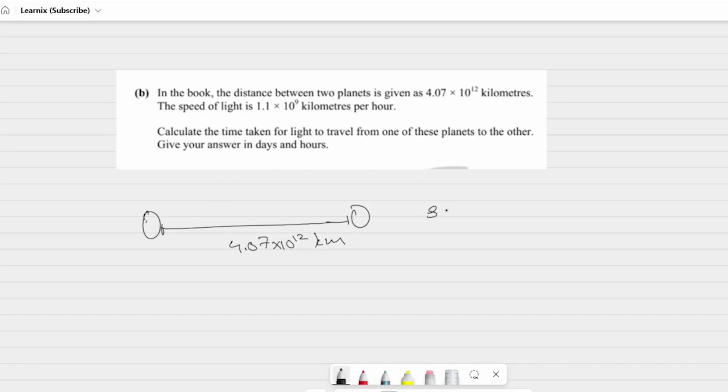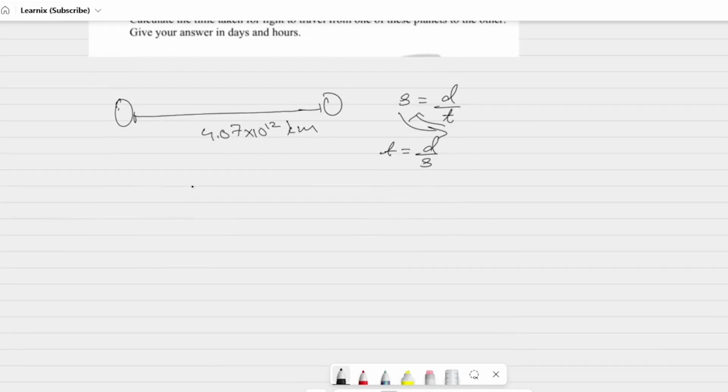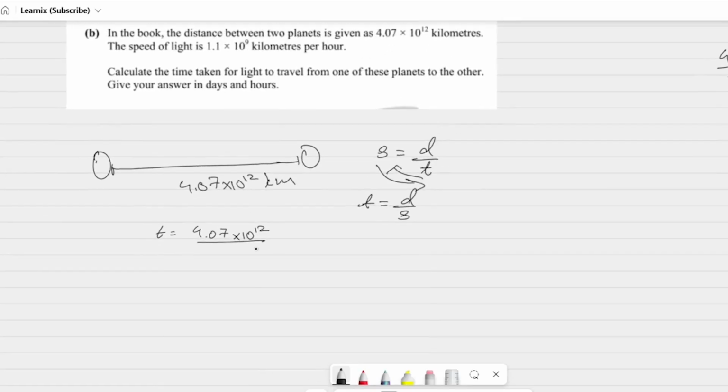We know that the formula for speed equals distance over time. How would we rearrange that for time? Take time to that side and speed down there. We would get time equals distance over speed. So time would equal the distance, which we have as 4.07 multiplied by 10 to the power of 12, over our speed, which would be 1.1 times 10 to the power of 9.